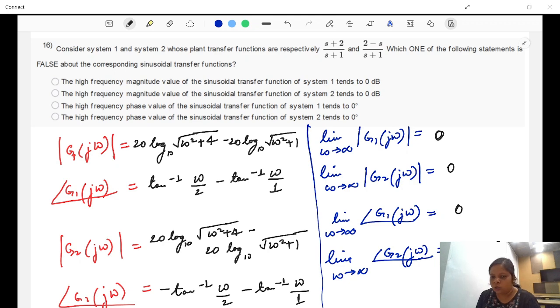If you haven't solved it right now in the class, please solve this and get all of these answers today itself. If you wish, take a snap of this page and solve this question. You should get the following answers, and hence option D is correct. The high frequency phase value of the sinusoidal transfer function of system 2 tends to 0.